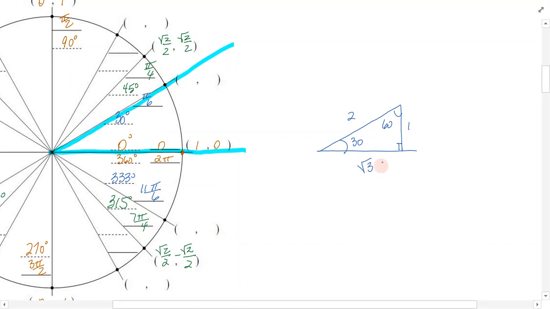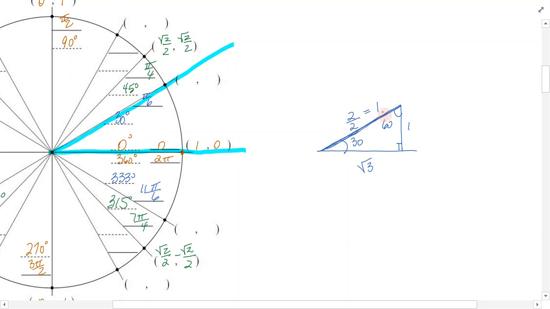Now, again, if we have a triangle that starts out having sides with this dimension, and I want to scale this triangle so that it fits on my unit circle, I need the hypotenuse of this triangle, which is the radius of the circle, to be a 1. So again, I would divide the hypotenuse by whatever it is. So 2 divided by 2. That gives me the 1.